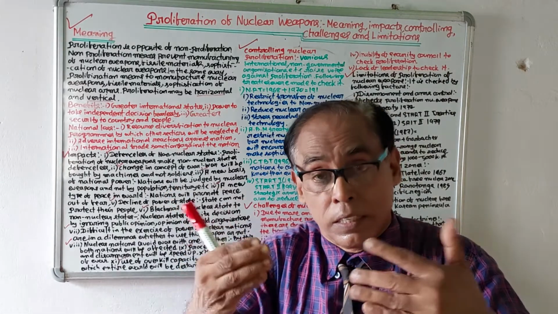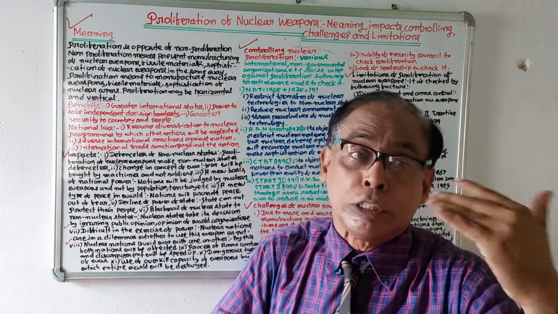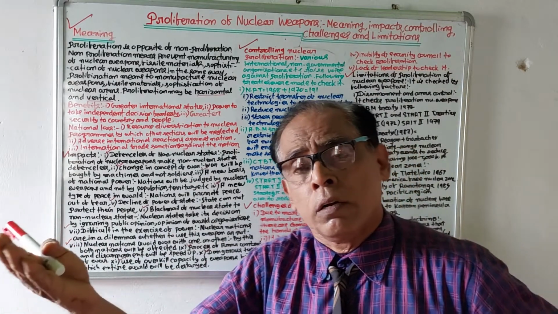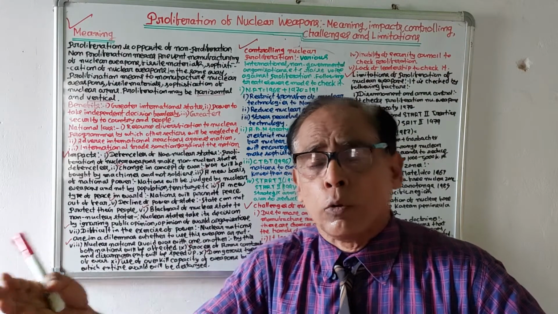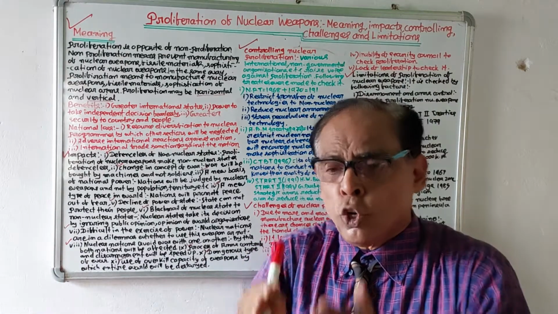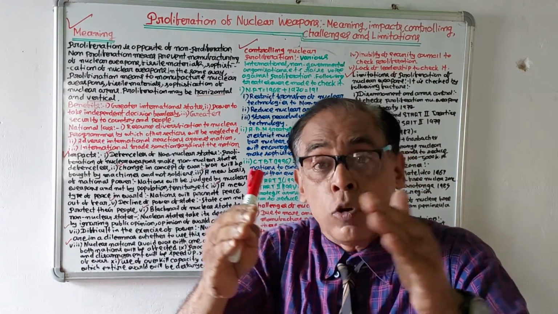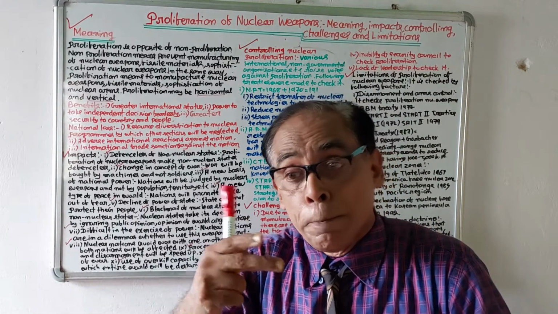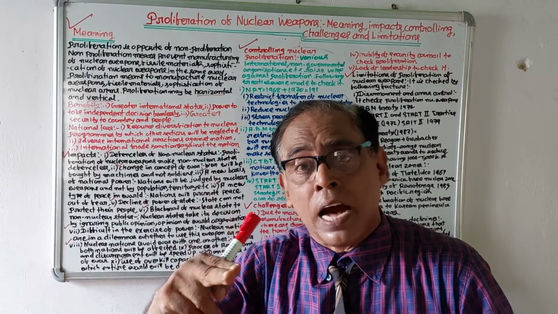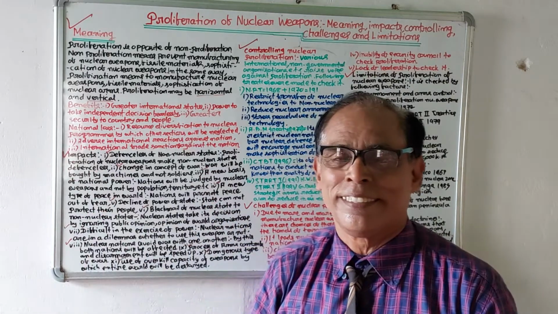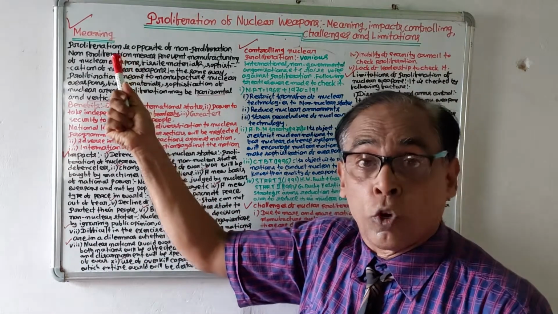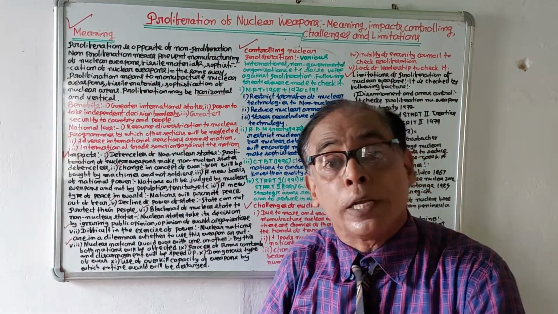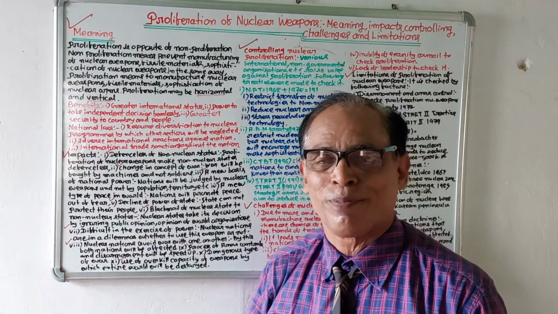It means nuclear technology can be used for peaceful purposes, and it can be used for manufacturing of nuclear weapons. So far as nuclear technology is concerned, two important factors are associated with it. One is proliferation of nuclear weapon, and the other one is non-proliferation of nuclear weapons.